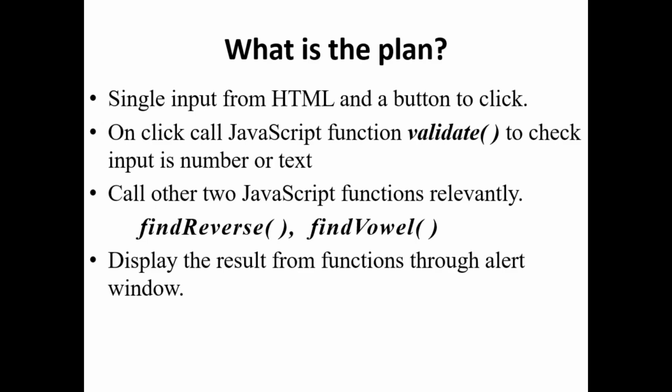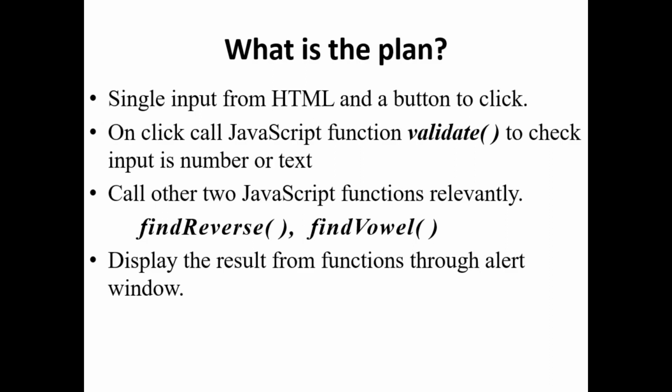Initially, to read a string and to read a number, instead of taking two different inputs in the HTML front end, we will use only one text box. So either the user enters a string or a number in that. Then a button will be given after the input. Once he types the input, a string or a number, he will click the button.